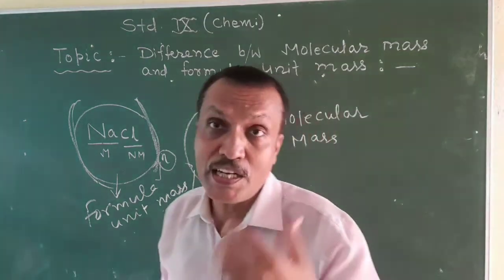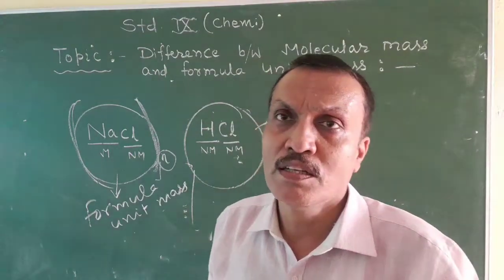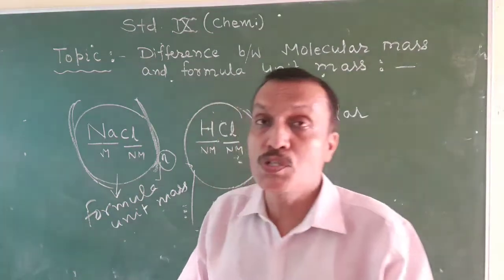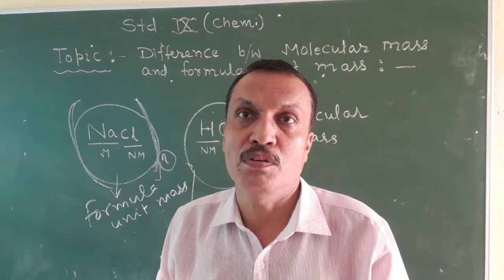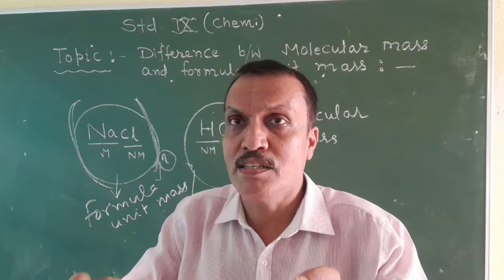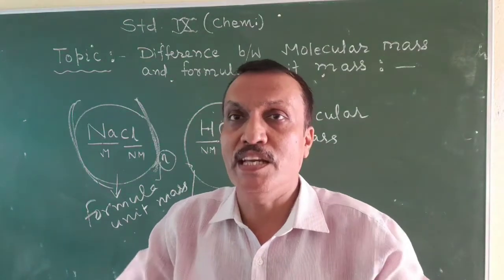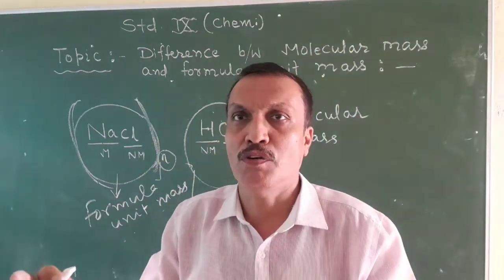So what you can learn from here is that ionic compounds do not exist as a single molecule. They exist in lattice form, in a big network form.